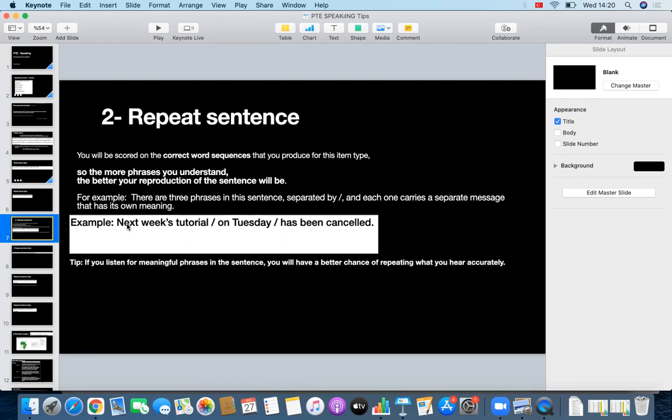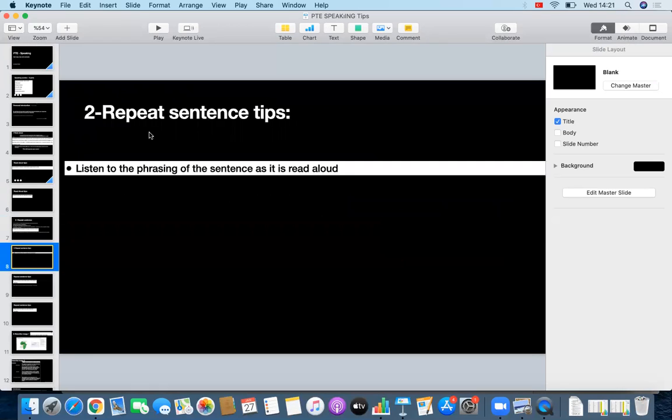So as you see in the example, listen to the meaningful phrases in the sentence. This will give a better chance of repeating what you hear accurately. And some tips for repeat sentence. Listen to phrasing of the sentence as it is read aloud.